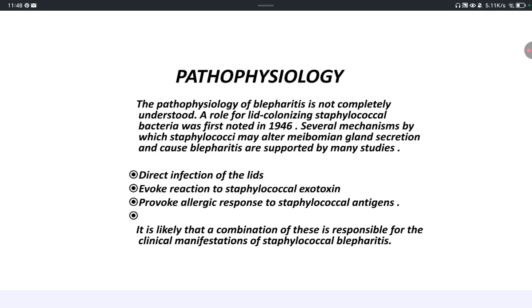Now we will talk about the pathophysiology. The pathophysiology of blepharitis is not completely understood. A role of staphylococcal bacterial colonization was first noted in 1946. Several mechanisms by which staphylococci may alter meibomian gland secretion and cause blepharitis are supported by many studies.